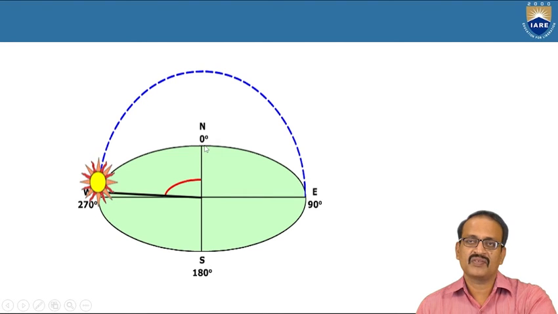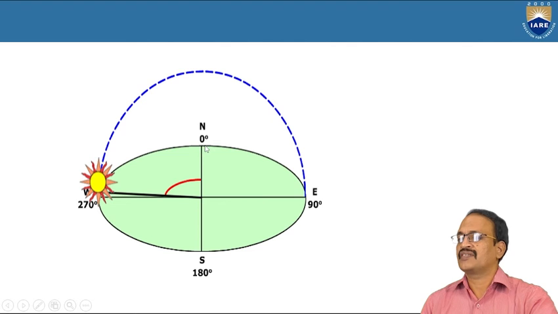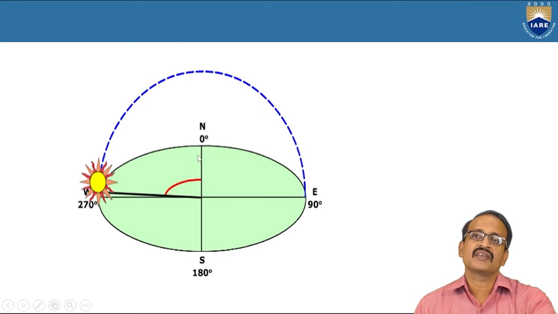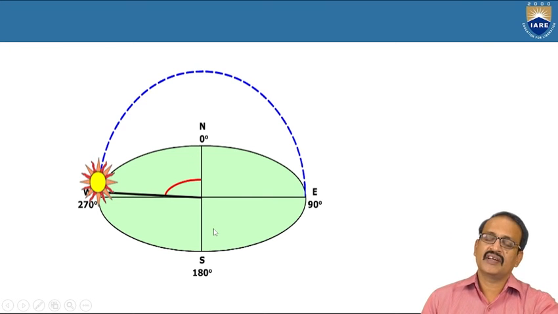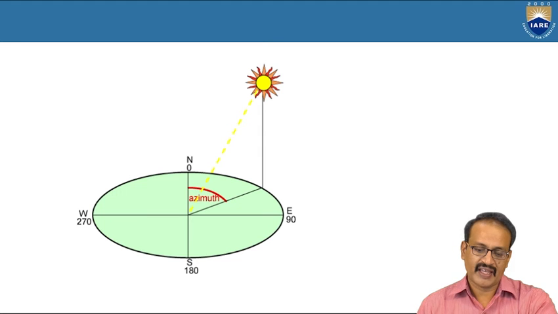So the angle between, we will take north pole as 0. So from 0 to 90 degrees at the sunrise and 270 at the sunset. That is the azimuth angle actually.